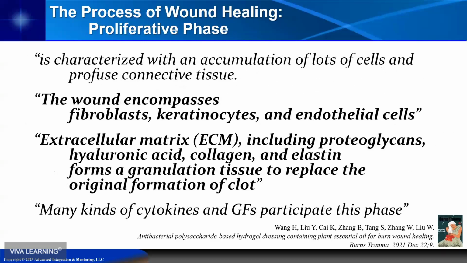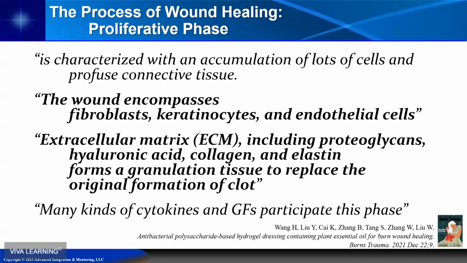During the proliferative stage, what happens is, again, we now start having the fibroblasts, the keratinocytes, the endothelial cells now going through their process of turning over, trying to really create a very fragile matrix that in turn is going to enable the healing to occur on a proper basis.